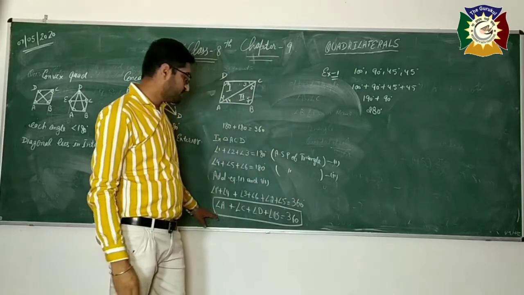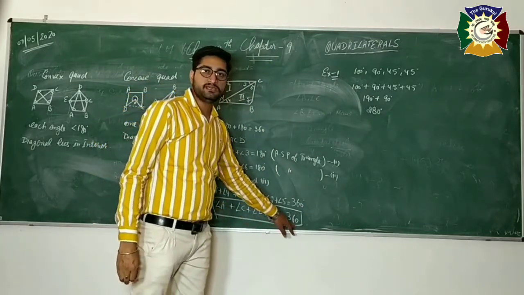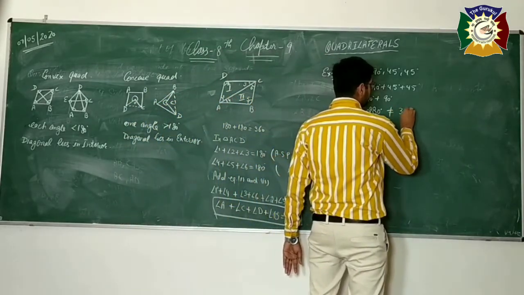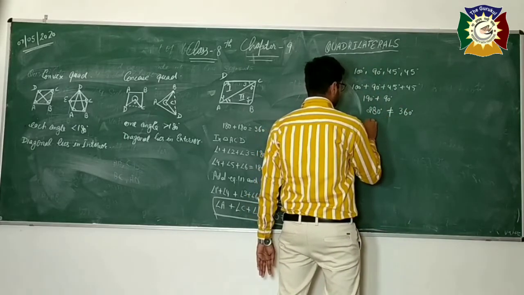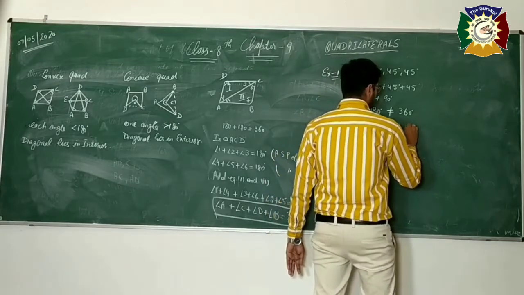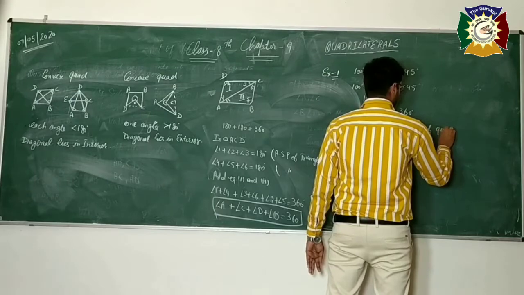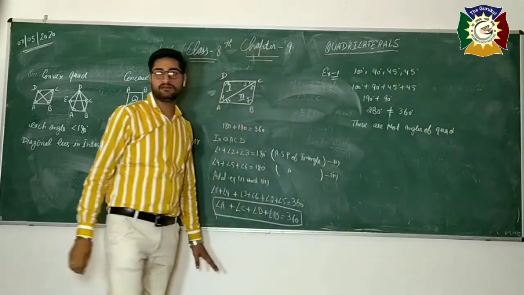And what does the angle property say? That the sum of the 4 angles should be 360, and this is not equal to 360 degree. That's why these are not angles of a quadrilateral. Is it clear to everyone?